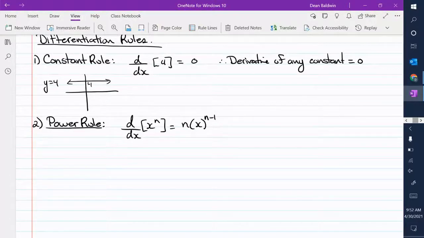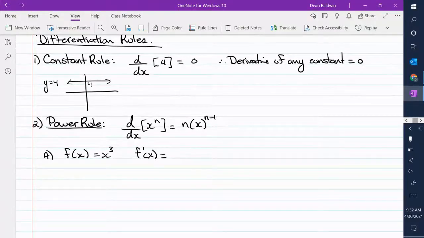So it works when you have polynomials. If I say f of x is equal to x cubed, and I want to know what f prime of x is. Again, these are the same thing, just written differently.